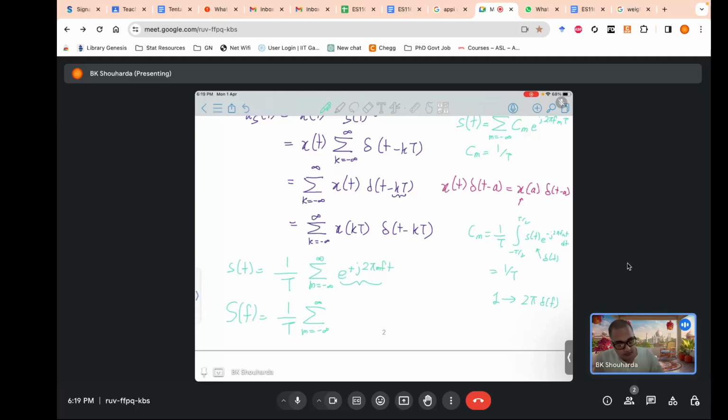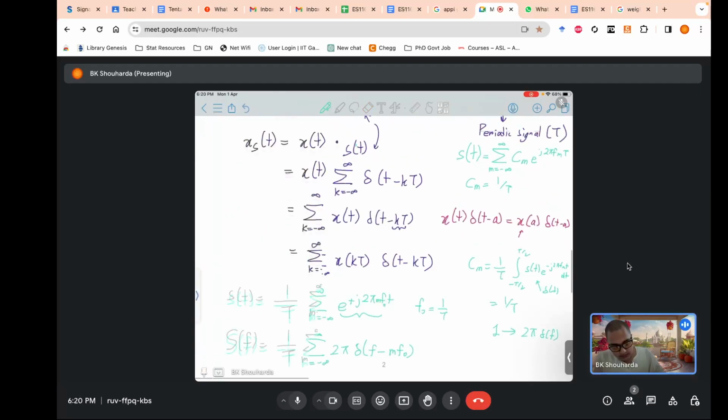So e to the power j 2 pi m f naught t will mean that we have 2 pi delta, where f naught is 1 upon T, or I can write delta of f minus m f naught.